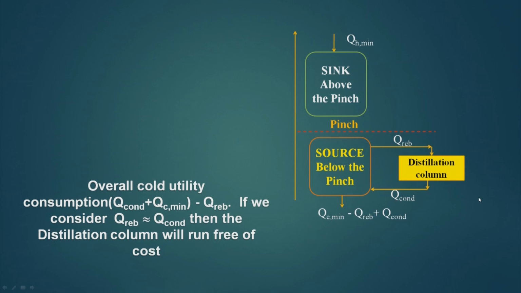So, what we conclude out of it is that if the distillation column is operated below the pinch also, in most of the cases either a little bit less or more utility will be required, but for all practical purposes the distillation column will run free of cost.